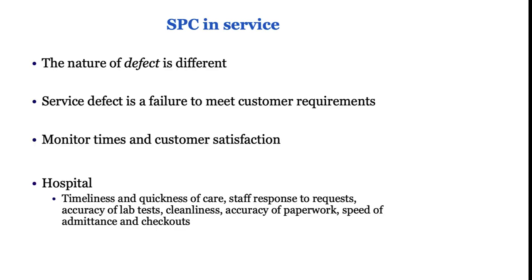Now let's come back here very quickly. In the beginning I mentioned that statistical process control is used in manufacturing but also in service, and in our context here, in healthcare. Now the nature of the defect might be different depending on what aspect of the service we're working with. So a service defect is a failure to meet customer requirements.